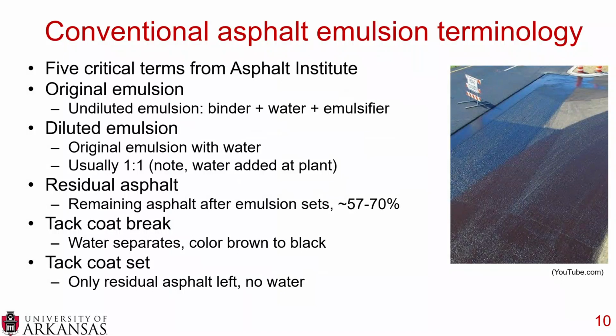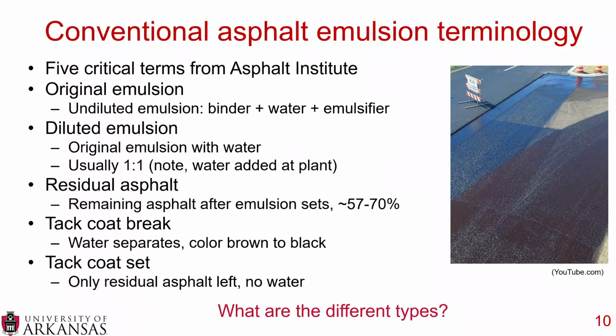And then the tack coat set is where you only have the residual asphalt left and there is no water. So original emulsion, diluted emulsion, residual asphalt. Those are 3 terms for the material itself, depending on what state it's in. And then as the emulsion goes through flocculation and coalescence, it breaks and it sets.